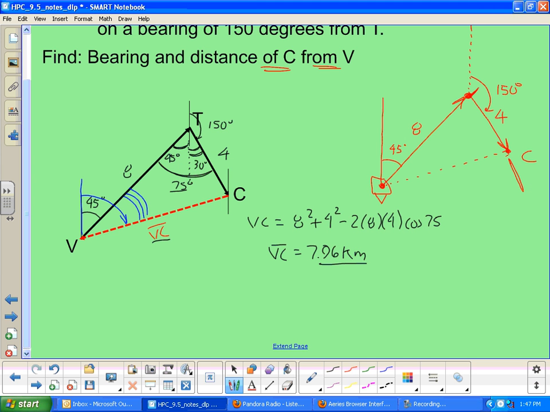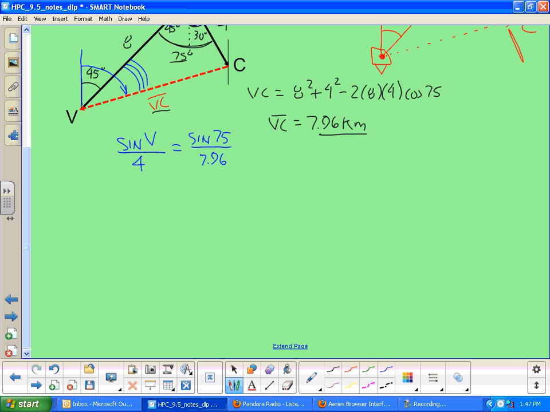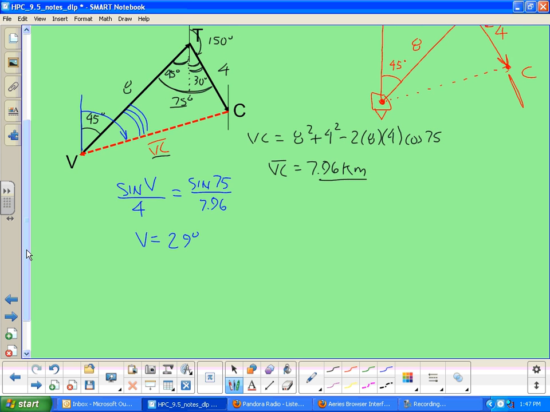So let's call that angle B here. Sine of B over 4, which is across from that angle, equals sine of 75 over the number we just found, 7.96, and what was it, 29? I think B is 29 degrees, if I do this correctly. Angle B is 29. And therefore, we can say our bearing.